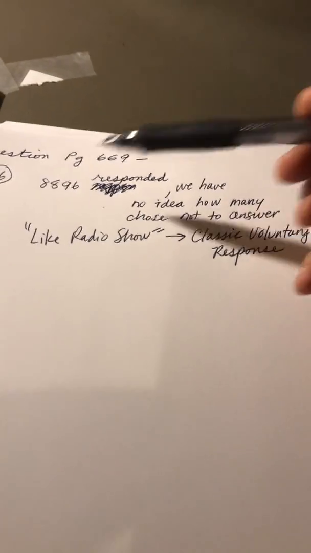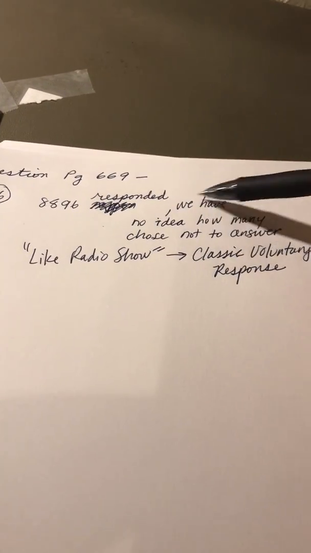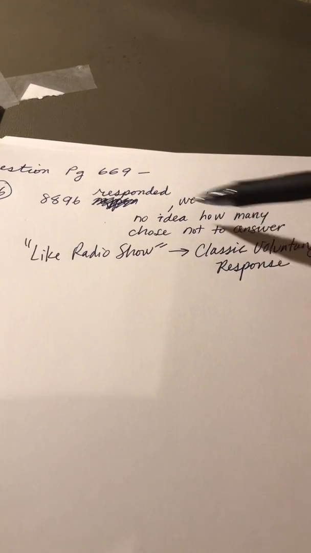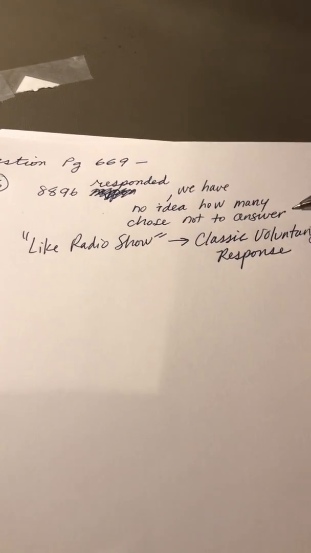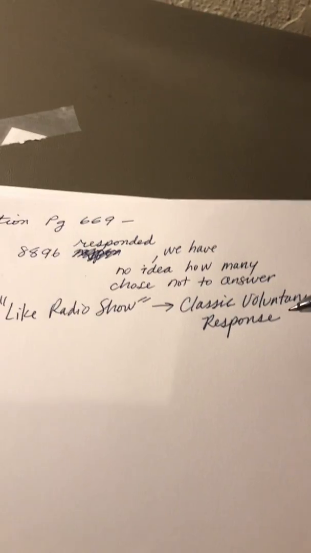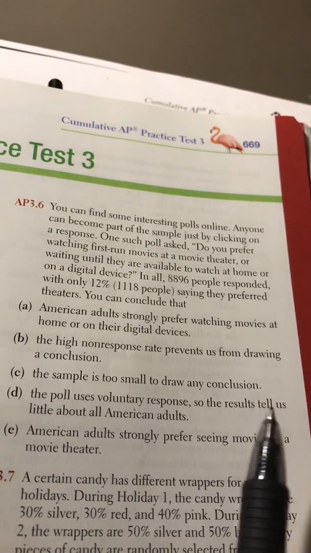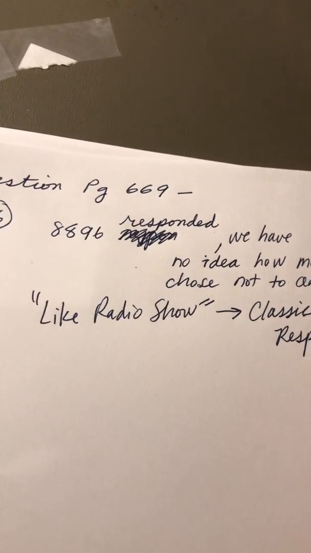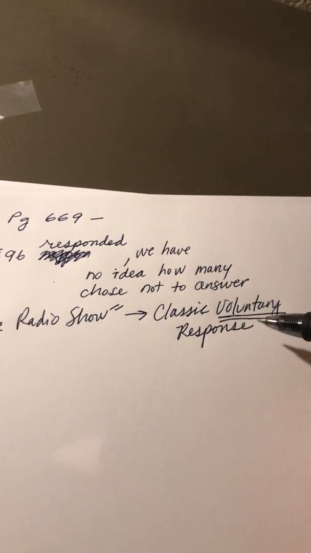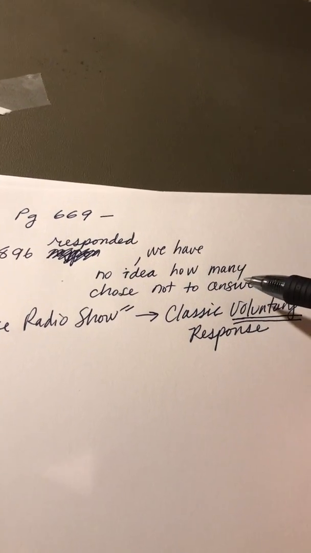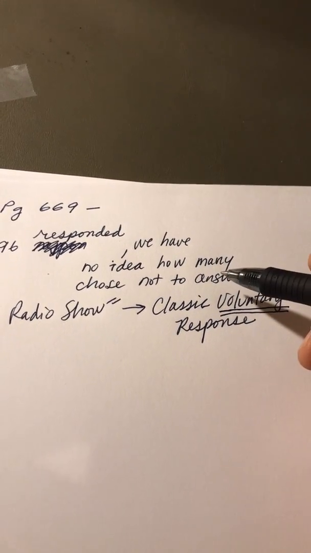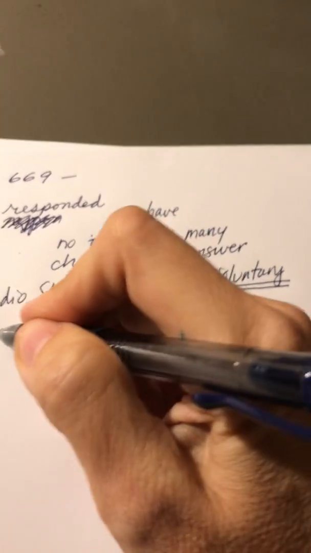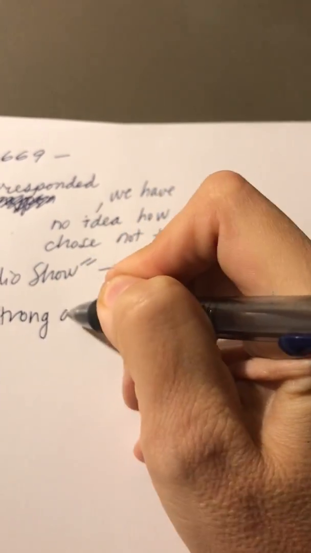So it says 8,896 responded, and we have no idea how many people chose not to answer. Not that even really matters, because the minute it becomes a voluntary response question, you're looking for voluntary response in your answer choices, and there it is. Now, the reason why this is a classic issue is because we've seen in the past that if you have a choice to answer, most people that are indifferent choose not to answer it, and the people with strong opinions choose to answer.